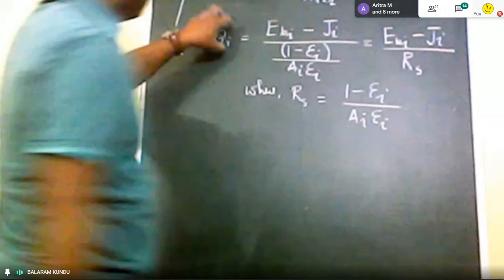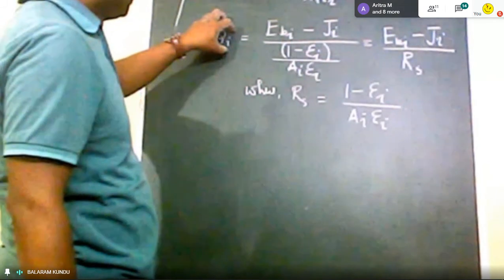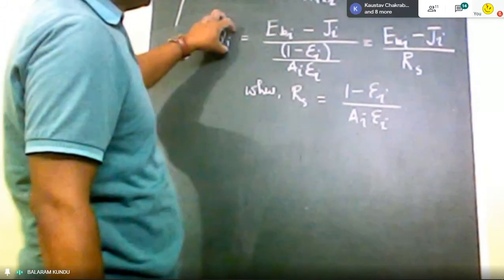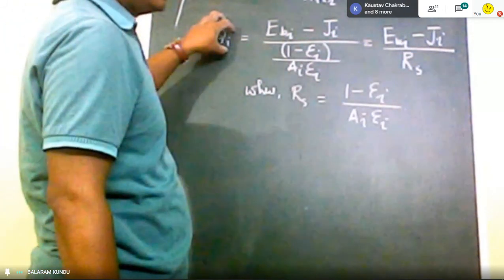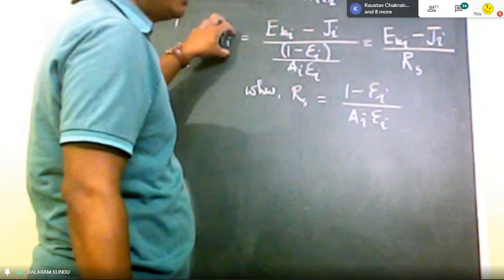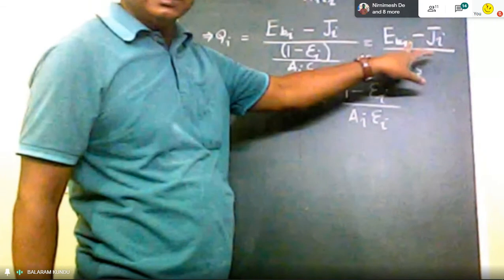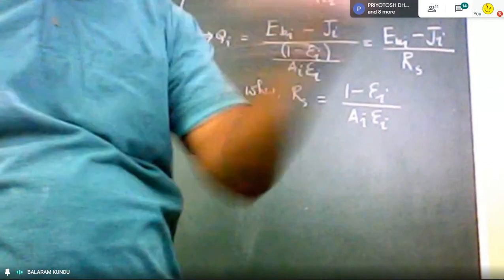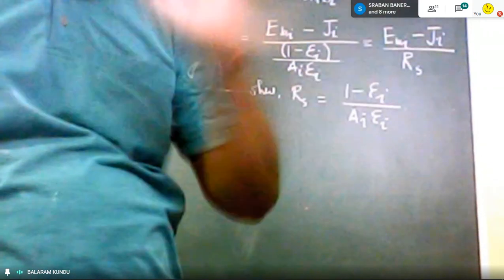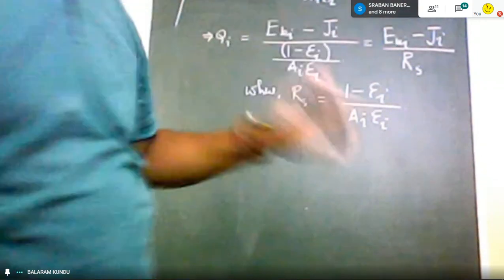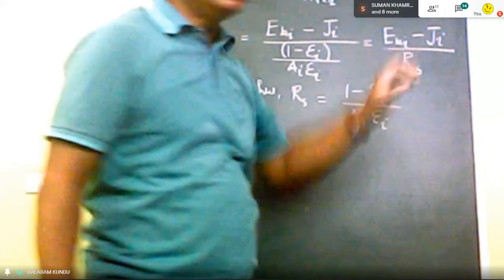QI is the total net radiation heat transfer leaving the surface I. That is equal to EBI. Suffix I represents surface I, so EBI means the emissive power of a black body.